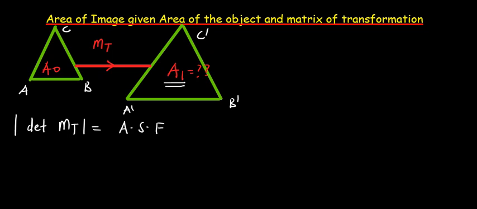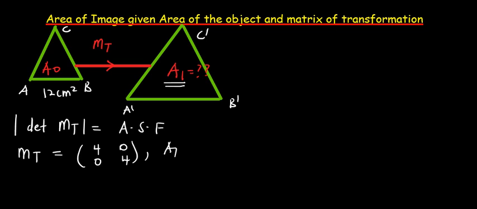If our A0 is 12 square centimeters and the matrix of transformation is equal to 4, 0, 0, 4, to obtain A1 we shall use the formula: the absolute value of the determinant of matrix of transformation is equal to the area scale factor.